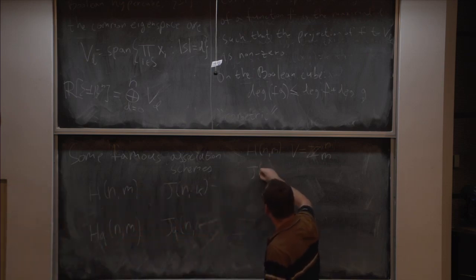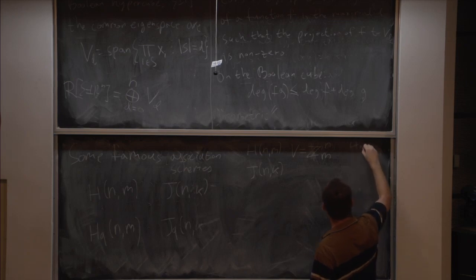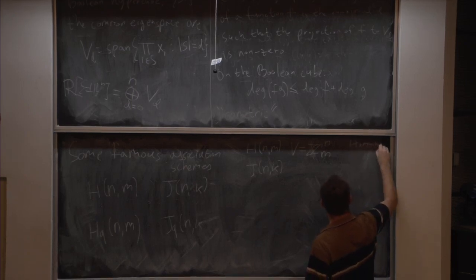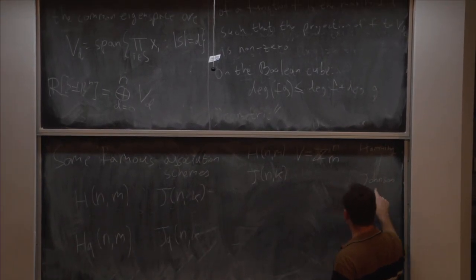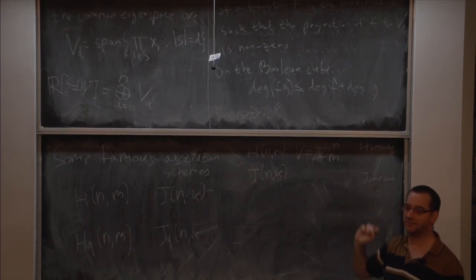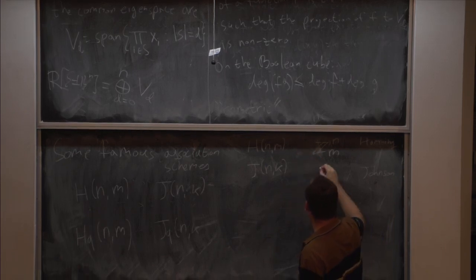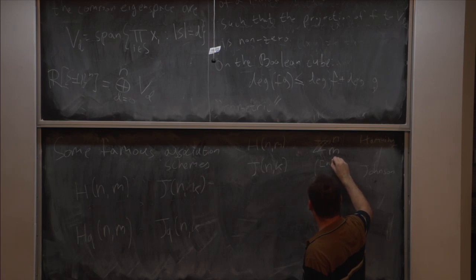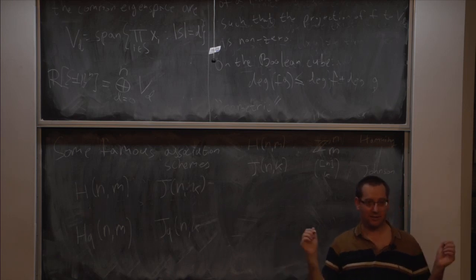Okay, then we have the Johnson scheme. And maybe I should write the names. So this is Hamming, and this is going to be Johnson. This is related to the Johnson graph and to the Kneser graph, which are both members of the Bose-Mesner algebra. Here the vertex set is the set of all subsets of the numbers 1 to n of size exactly k, or you can think of it as the set of all 0,1 vectors of length n with exactly k ones.